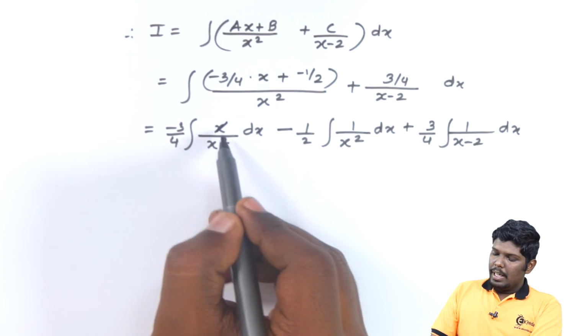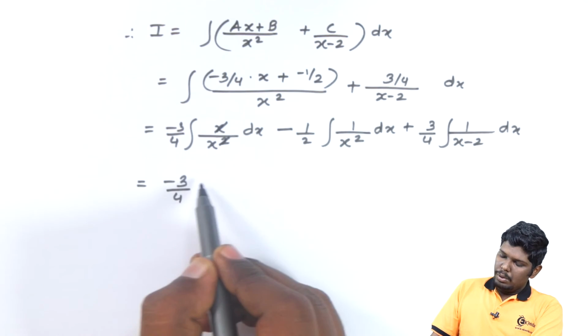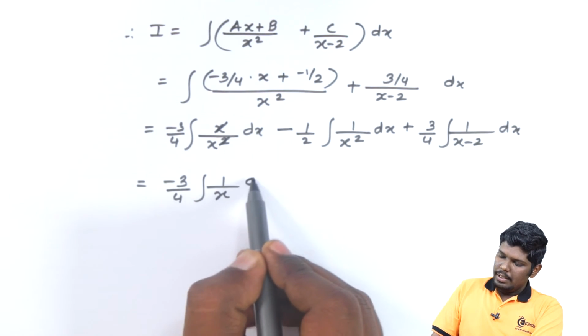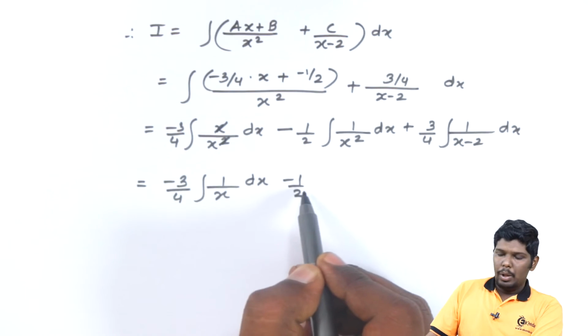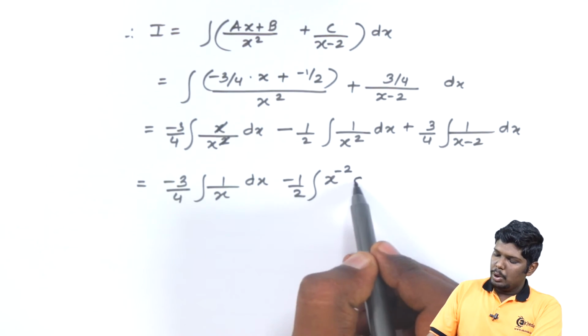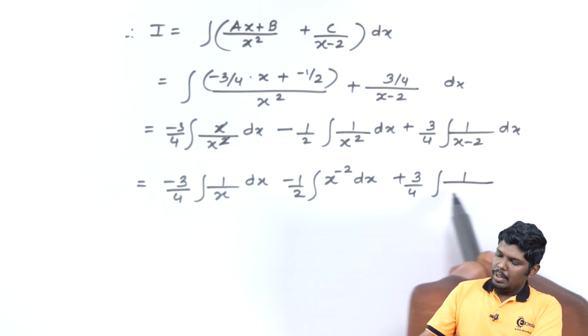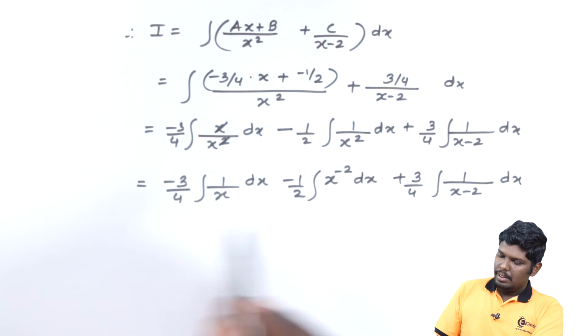Here you can see 1 x will be cancelled. We have minus 3 upon 4 integral 1 upon x dx minus 1 by 2. Let us take x square in the numerator, that is x raised to minus 2 dx plus 3 upon 4 integral 1 upon x minus 2 dx.